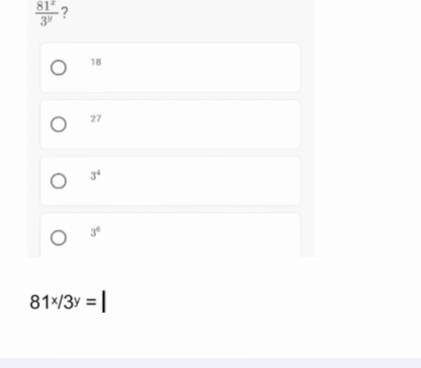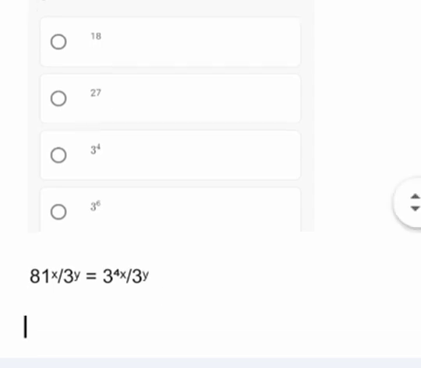81 is 3 raised to power 4. So 81 raised to power x is 3 raised to power 4, all raised to power x, which is the same as 3 raised to power 4x divided by 3 raised to power y. Applying the laws of indices, this becomes 3 raised to power 4x minus y.